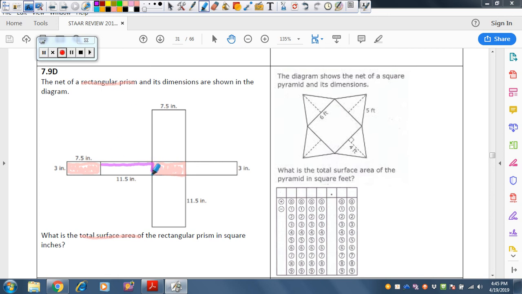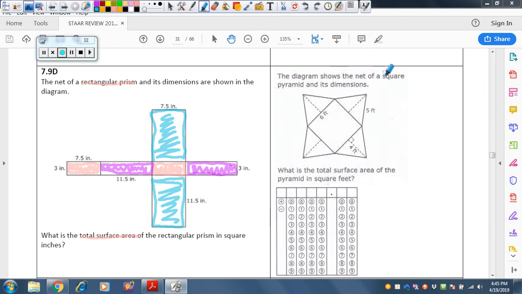This rectangle and this rectangle are the same. And this rectangle and this rectangle are the same. 3 different area of a rectangle problems.